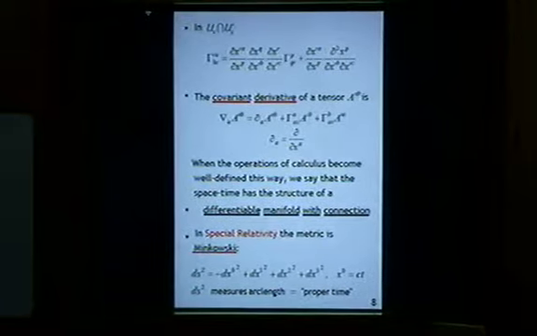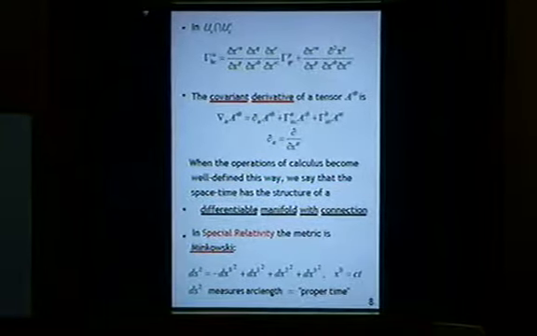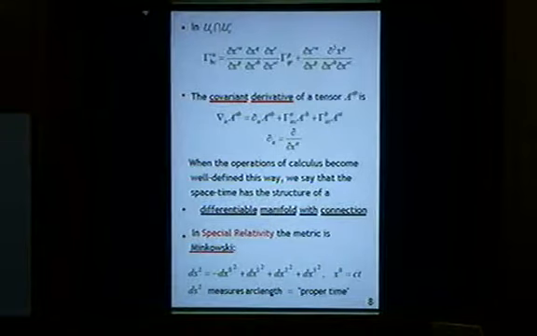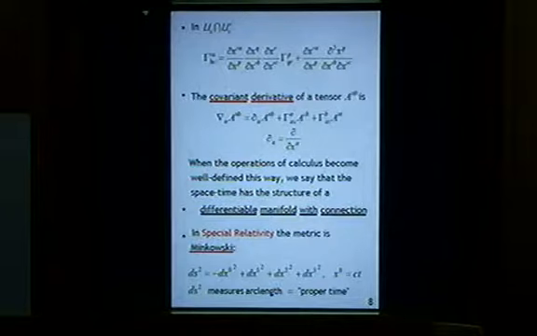And now, when you have a connection on your manifold, we don't say it's a derivative that you take. We say it's a covariant derivative. That means coordinate invariant derivative. First of all, let's go back a little bit. The right way to think of a tensor is that it has the property that if a tensor equation is 0 in one coordinate system, then it's 0 in every coordinate system.